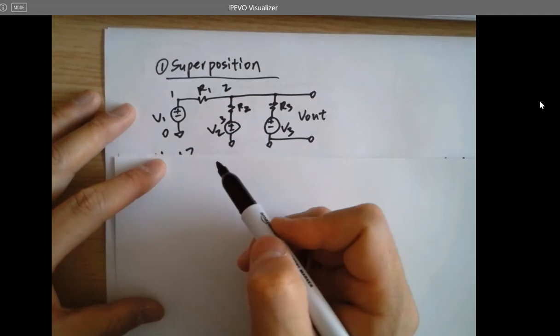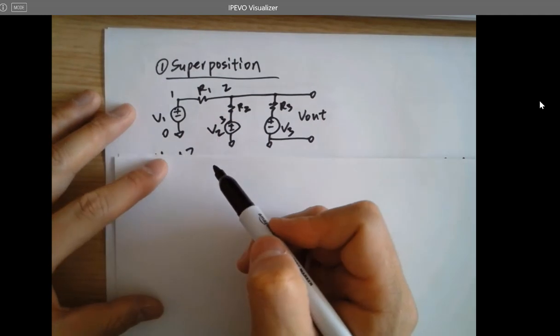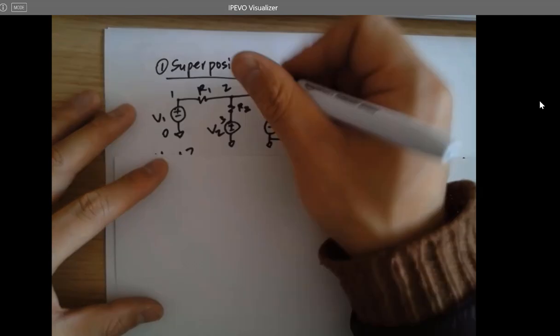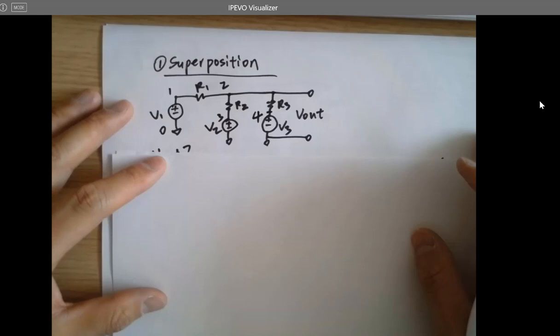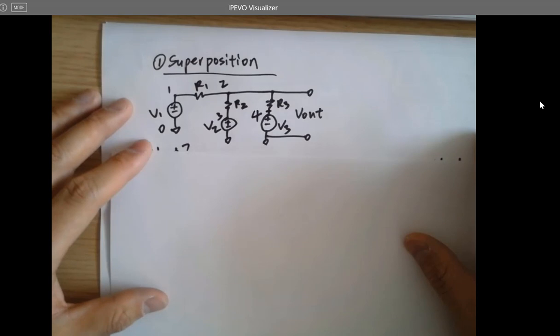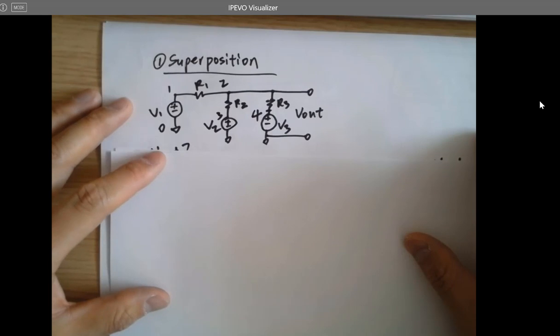And do you have another node? Here. 4. So VR equals V4? Really? VR equals V2 or V4? V2, right?